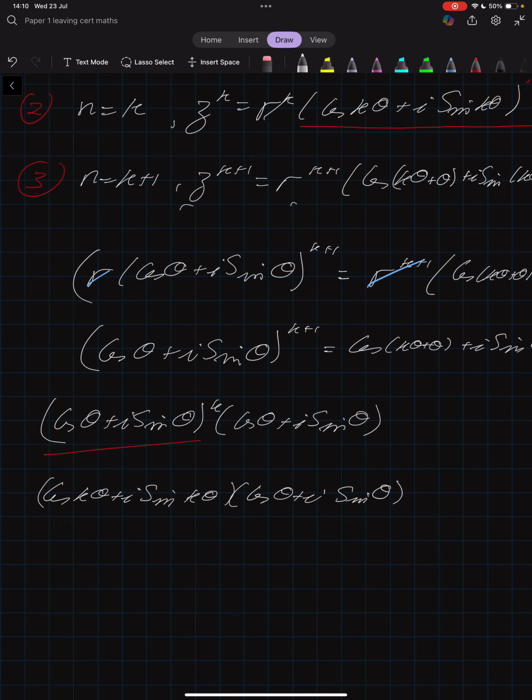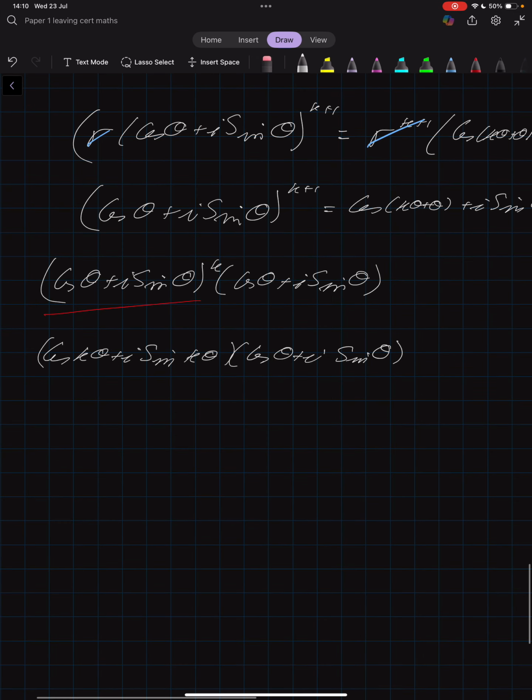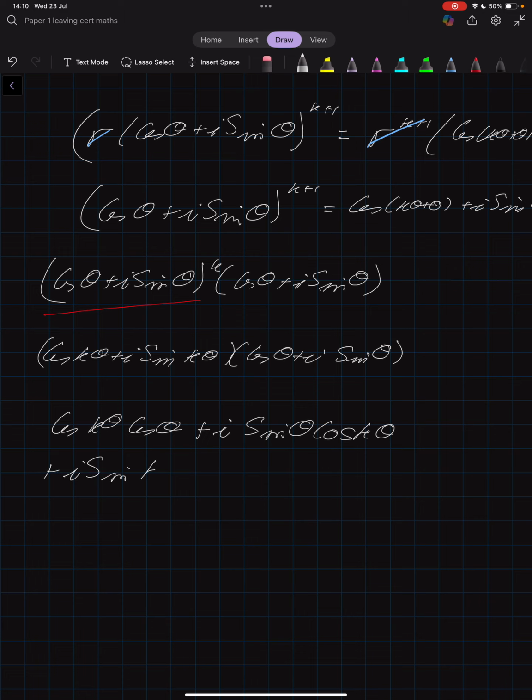So now I'm going to multiply this together. I get cos k theta cos theta plus i sin theta cos k theta plus i sin k theta cos theta.